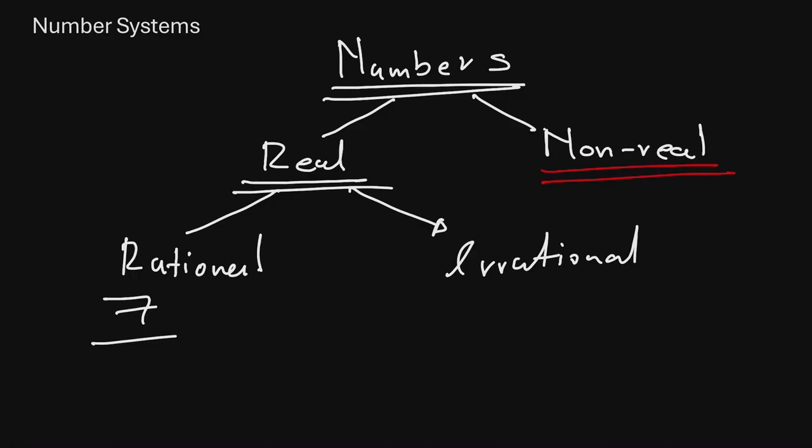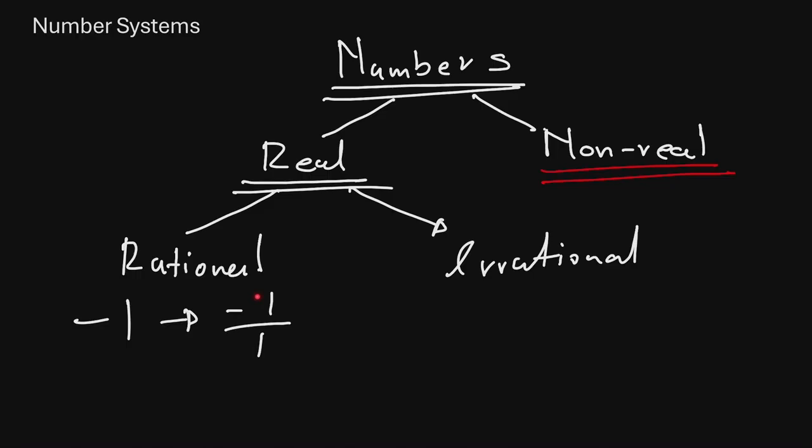We can have, for example, whole numbers that are positive or negative, for example, -1. This -1 here can be written as a fraction, because we know that -1 divided by 1 is going to be the same thing as -1. So it means the -1 can be written as a fraction. Therefore, that is a rational number.